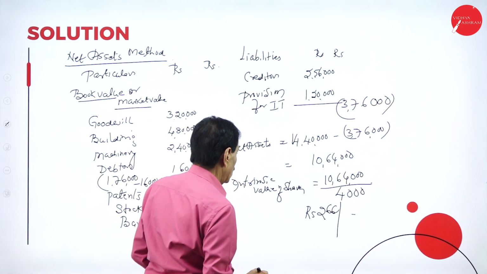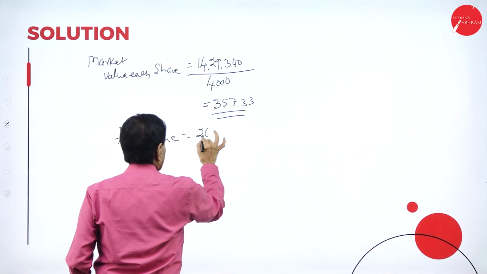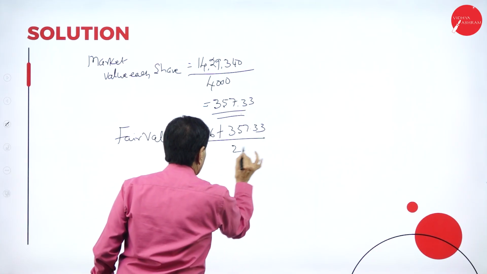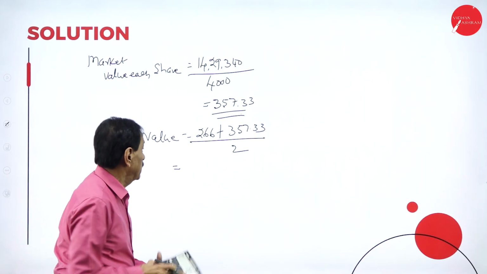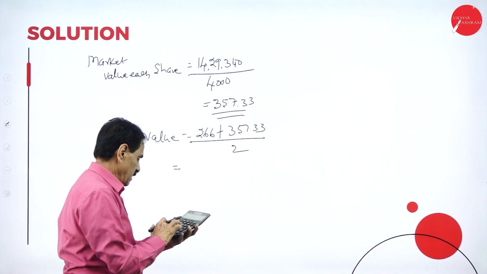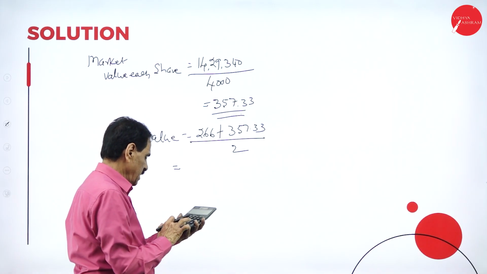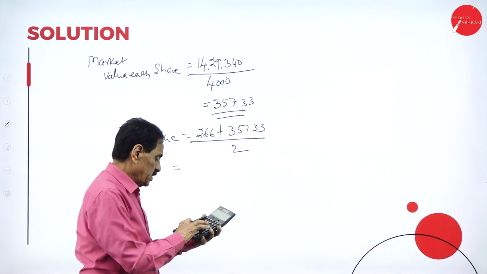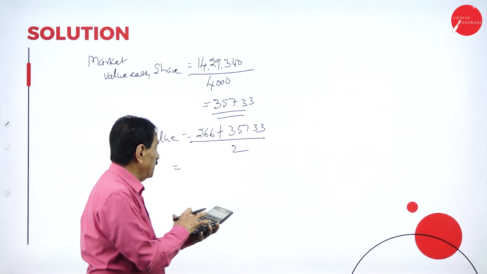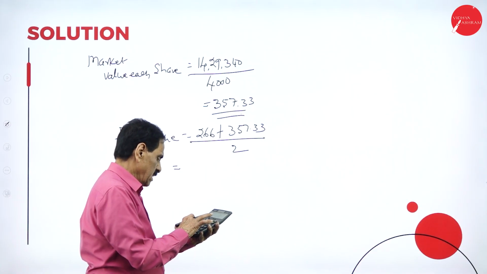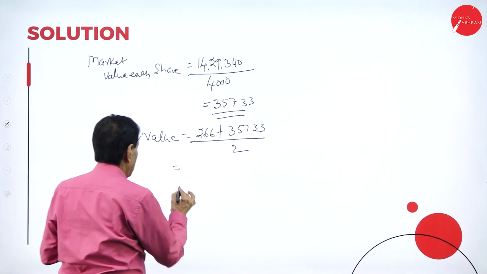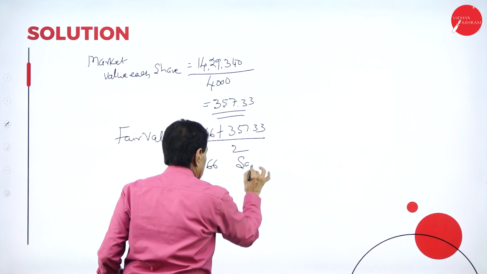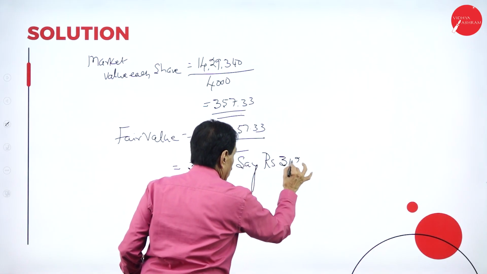What is the first one? 266 plus 357.33, the whole divided by 2. This is 311.66, say rupees 312.